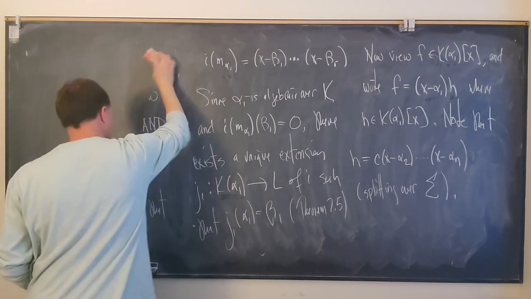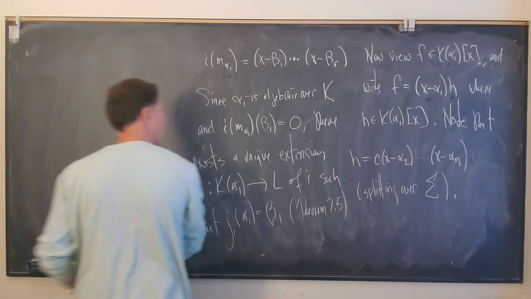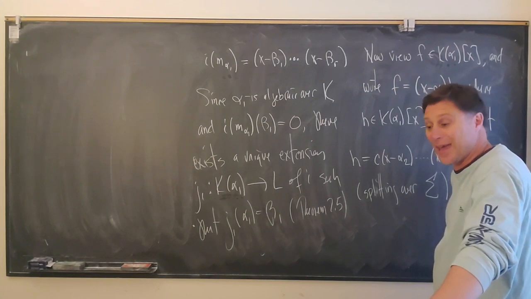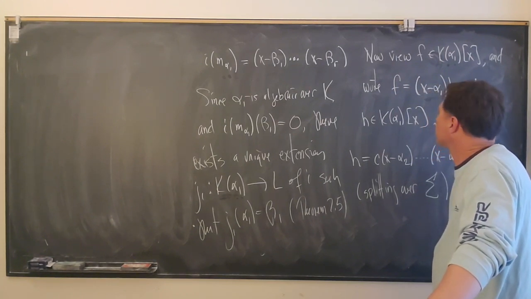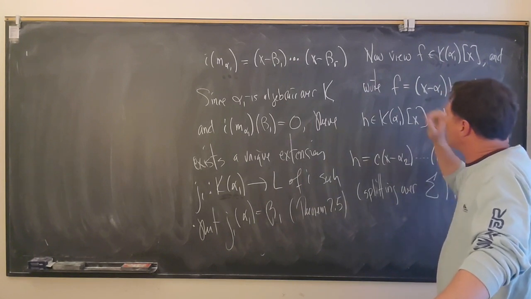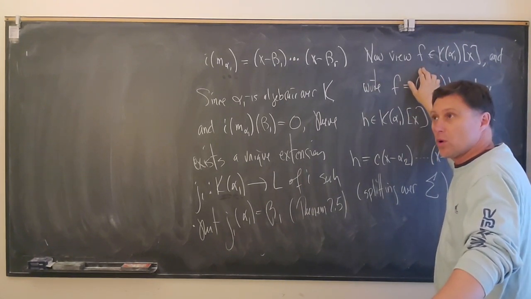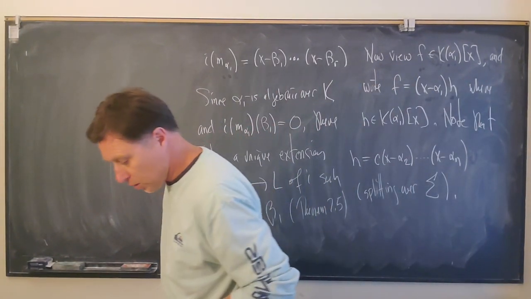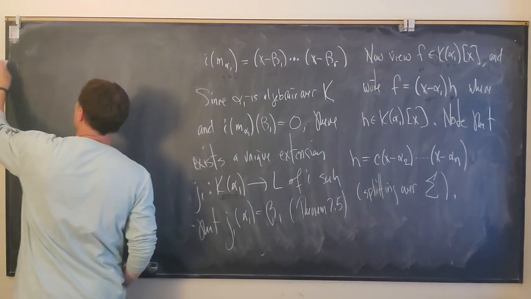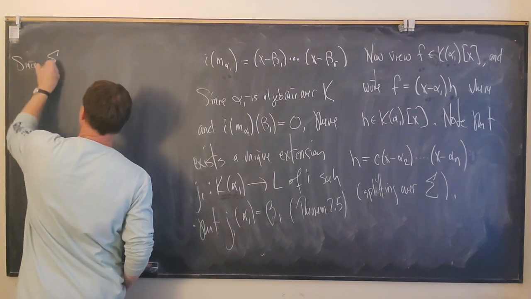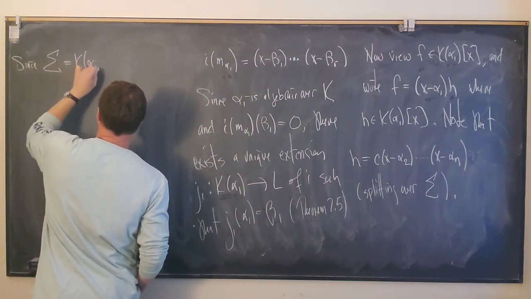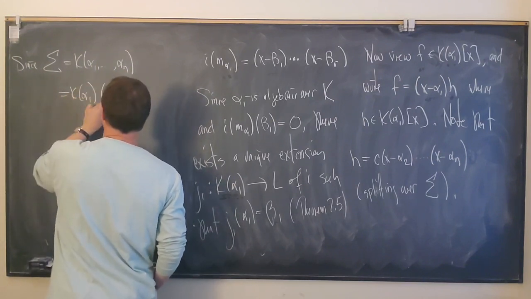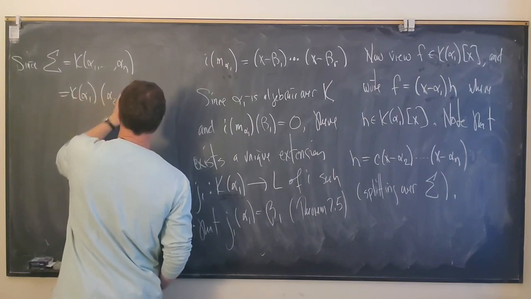Now, what does sigma look like? We haven't really said anything about what it looks like. Well, from our theorem before, a splitting field can be obtained by adjoining all of the roots of the polynomial to the base field, the field of coefficients, in this case K. So sigma is equal to K adjoin alpha 1 up through alpha n, which is K adjoin alpha 1 adjoin alpha 2 up through alpha n.